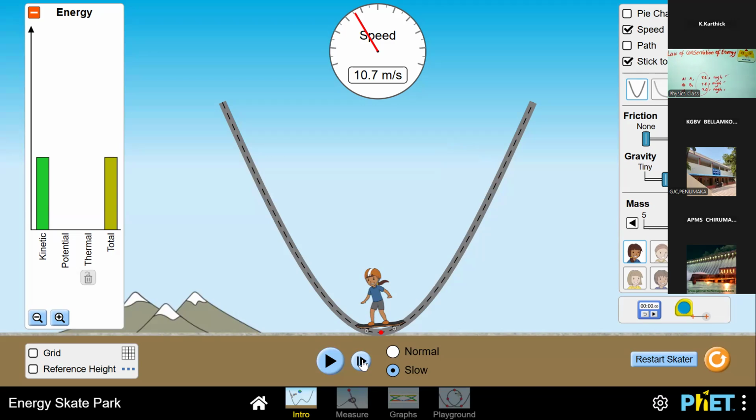But where does this kinetic energy come from? From potential energy. Potential energy is converted into kinetic energy, and kinetic energy is converted back to potential energy. So energy is transformed, changing its name, but the energy is still there. That is the total energy.